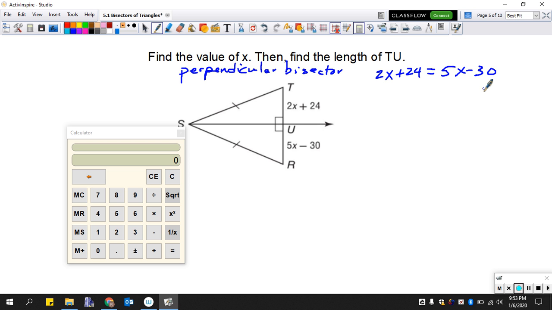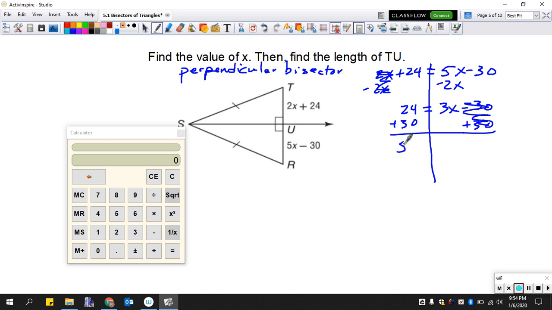Solve for x. So subtract 2x. We end up with 24 is equal to 3x minus 30. Add 30. We end up with 54 is equal to 3x, divided by 3.